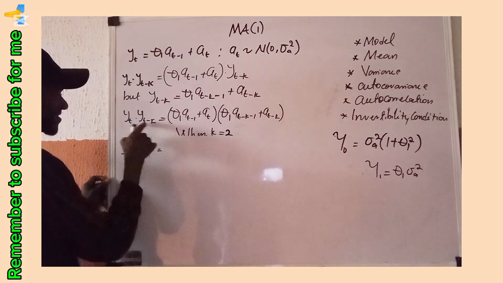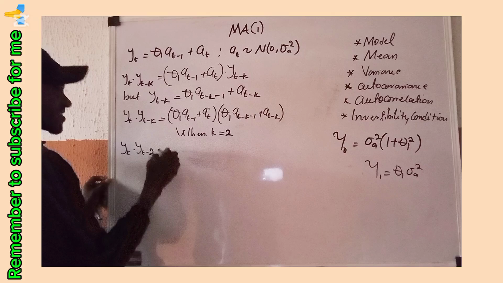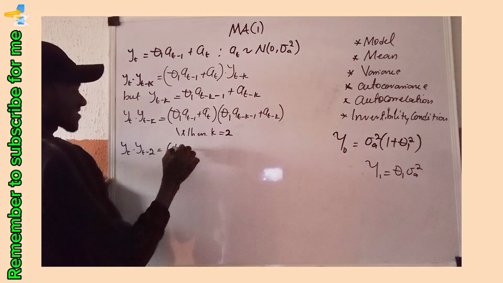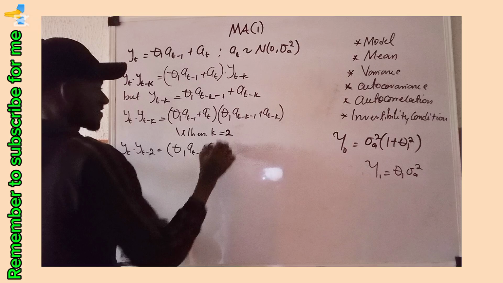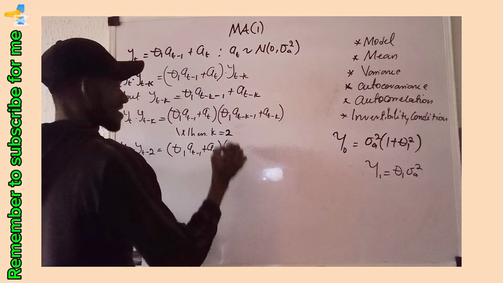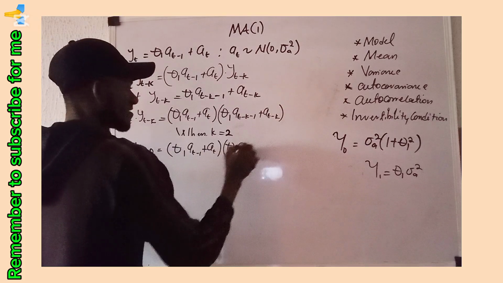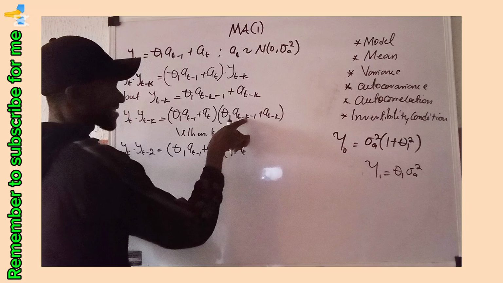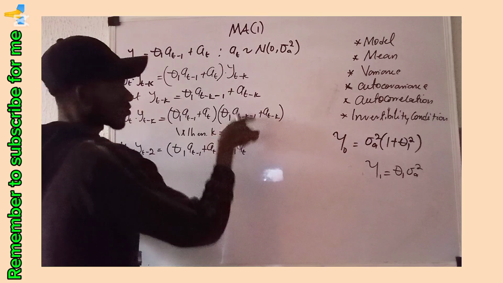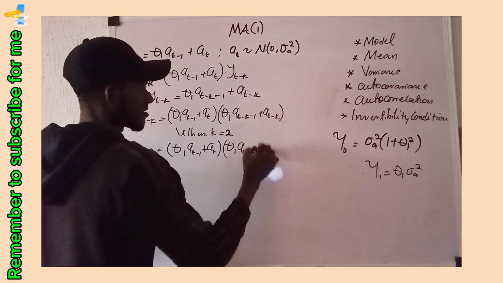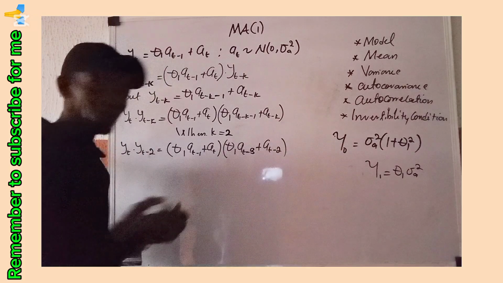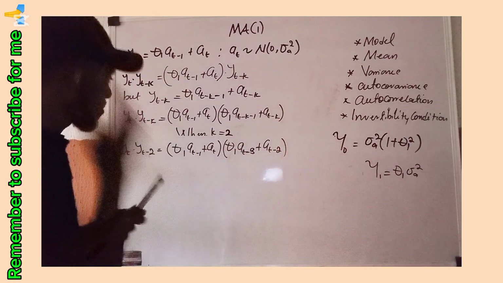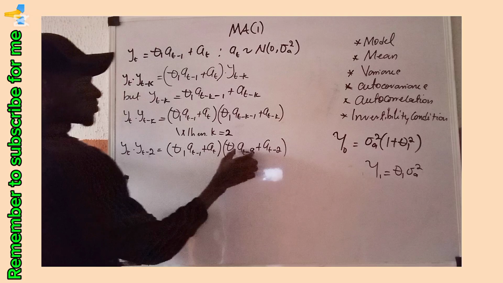So here, y of t minus 2 is given as, here is my theta 1, a of t minus 1 plus a of t. Open again. We have theta 1 a of t, here it is now 2, minus 2 minus 1 will give me minus 3, plus a of t minus 2. Close the bracket.